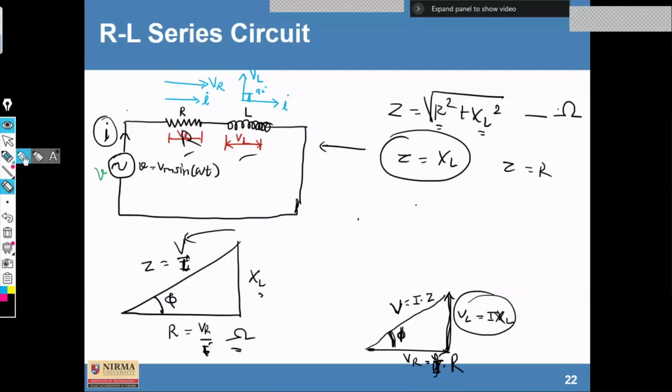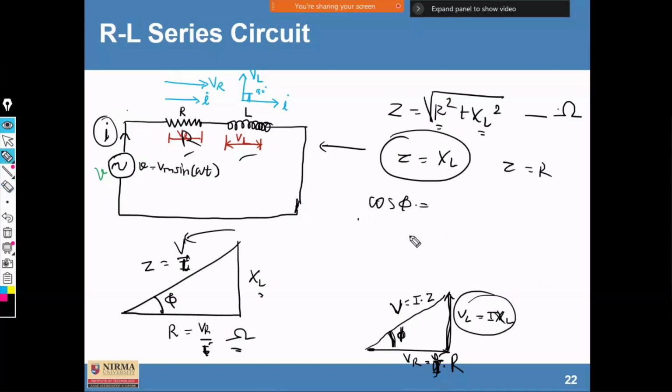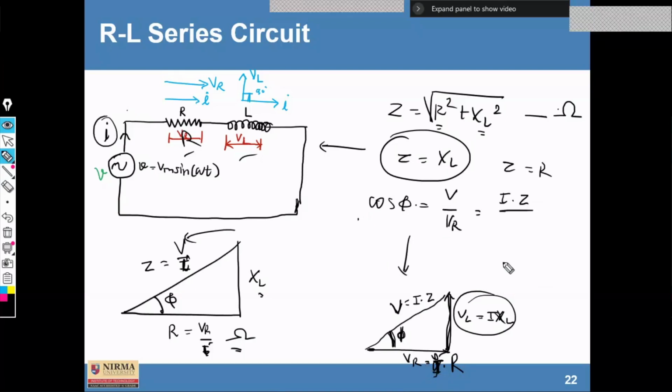So suppose if you want to write the cos phi from this triangle, we can write that is V by VR. Or we can insert the different values of V. V is I into Z, or VR is equal to I into R. Sorry, it is a small i, fine.